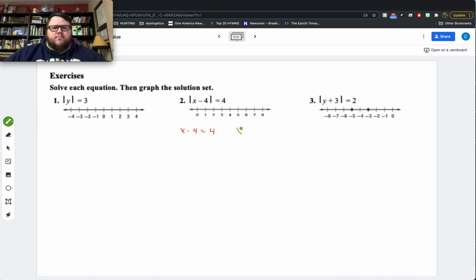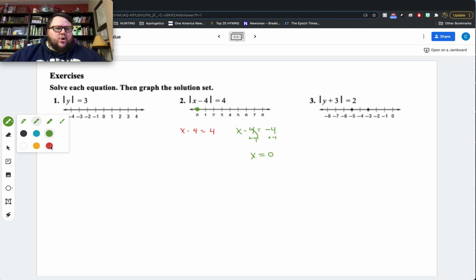Then I add 4 to both sides here, so x equals 0. I'm going to plot that point right there.